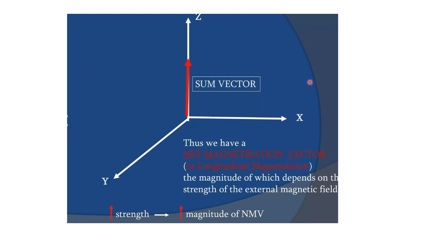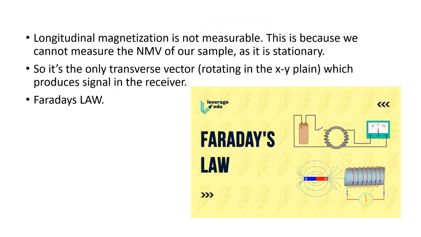When a main magnetic field is applied across the z-axis, only that is present. So in the beginning we get a magnetic field only in the z-axis. The longitudinal magnetic field applied across the long axis of the body is not measurable because, as we have learnt in physics from Faraday's law, when an electric current is passed across a coiled loop of wire, it generates a magnetic field.